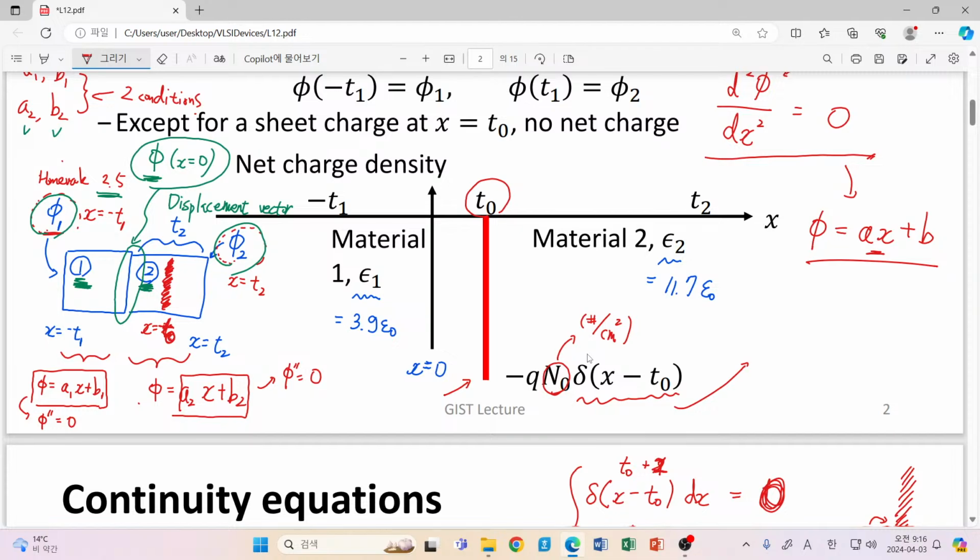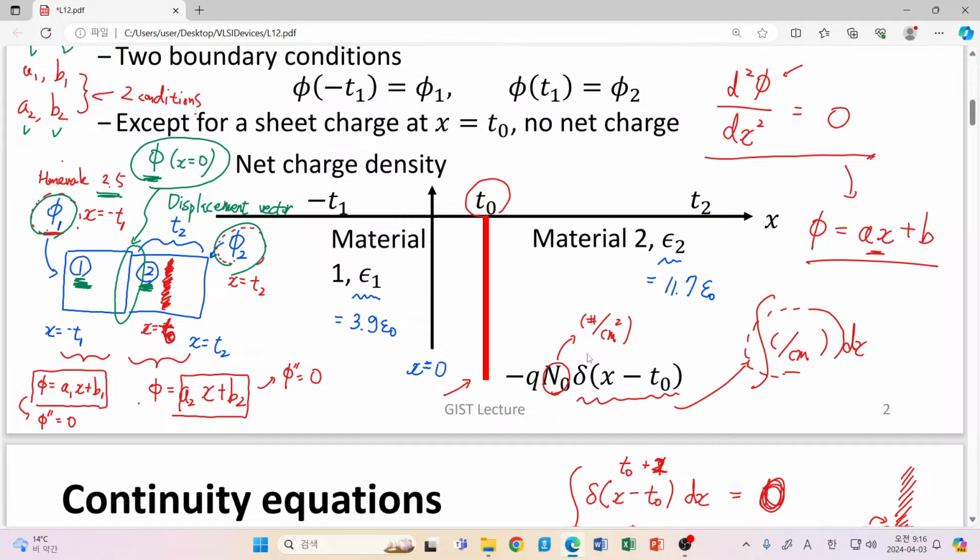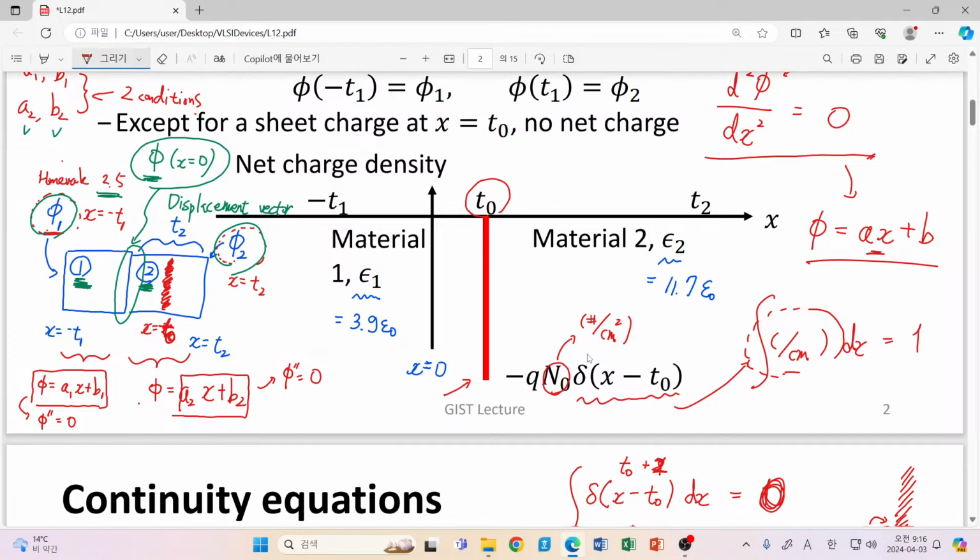It should be per centimeter. When it is integrated over a certain length scale, the centimeter and dx cancel out in terms of their unit, giving just the unitless number 1.